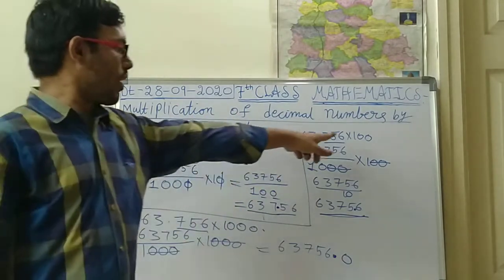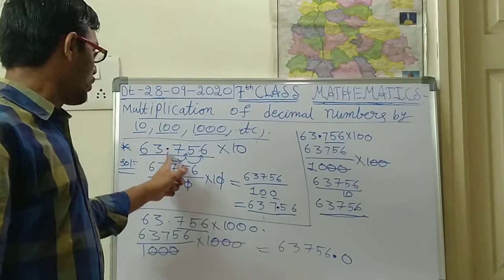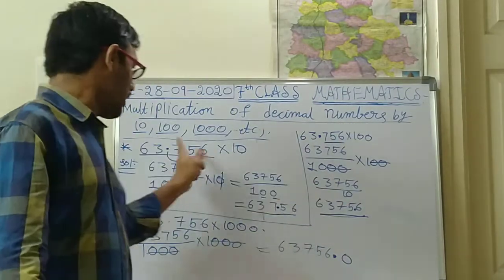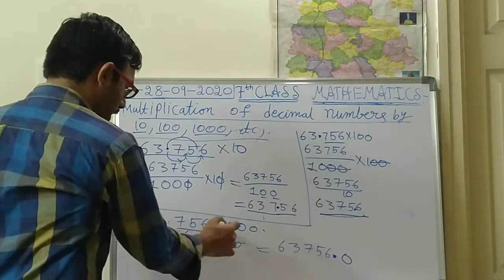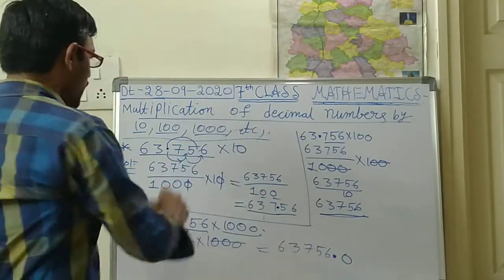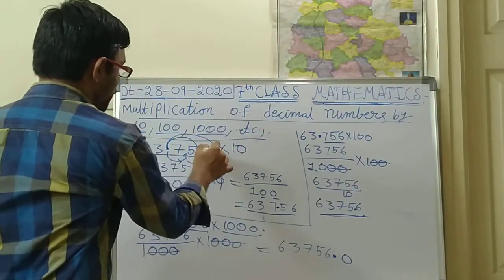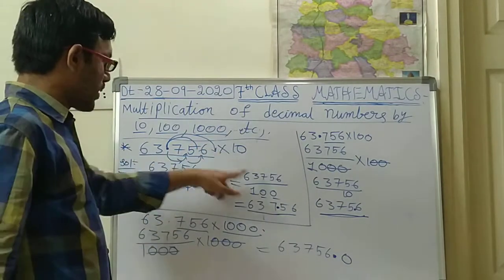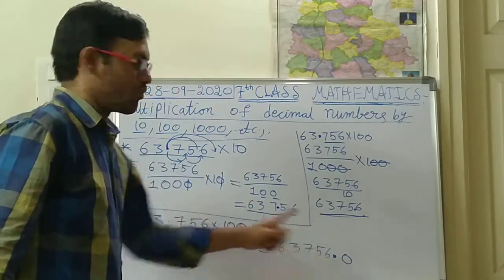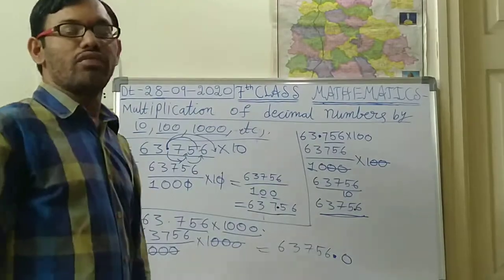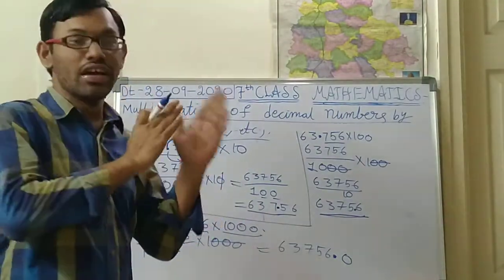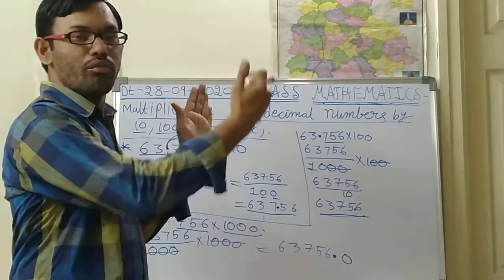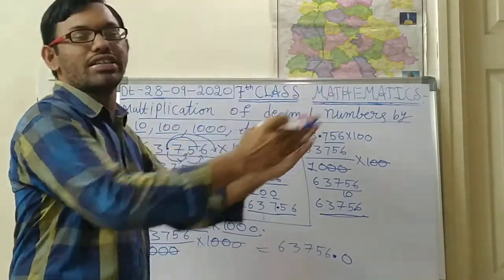Next, if I multiplied with 100, it jumped 2 steps forward. Again if I multiplied with 1000, it jumped 3 steps forward. That means after 6 the decimal point has come. So the decimal point is gradually moving towards the right side.